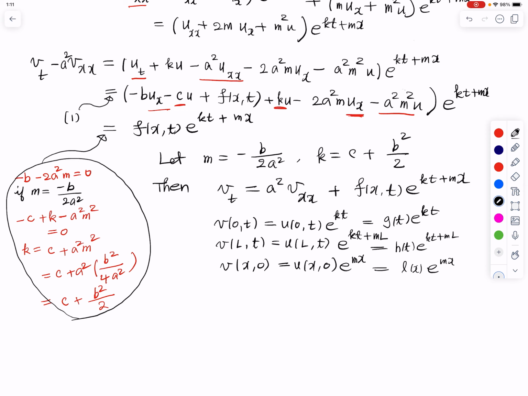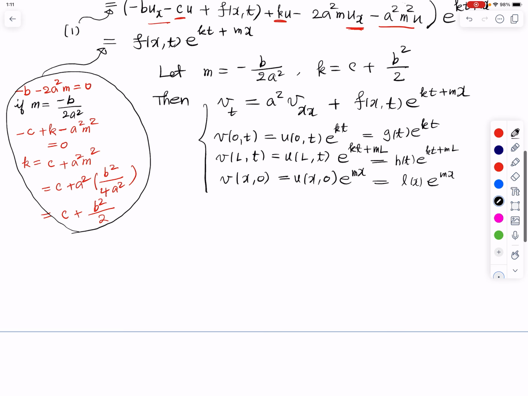So this is our equation. Here, let f tilde xt equal fxt e to the kt plus mx.